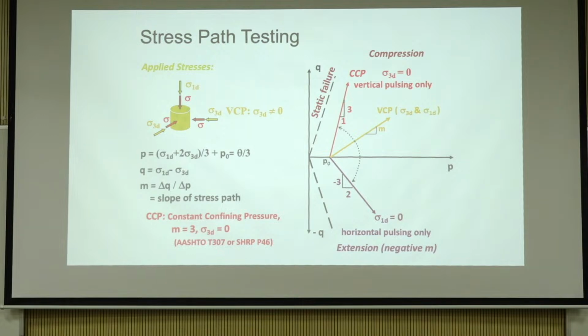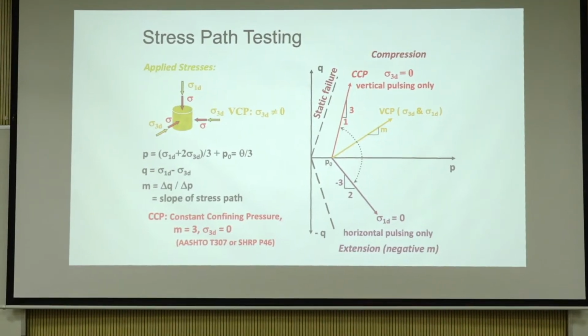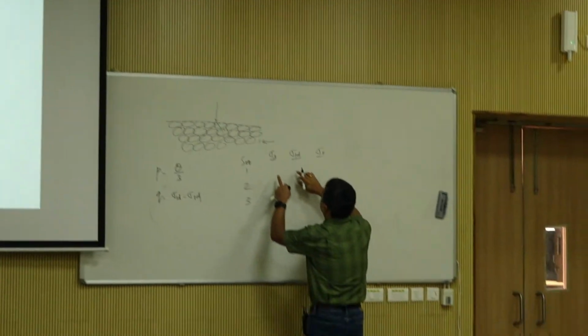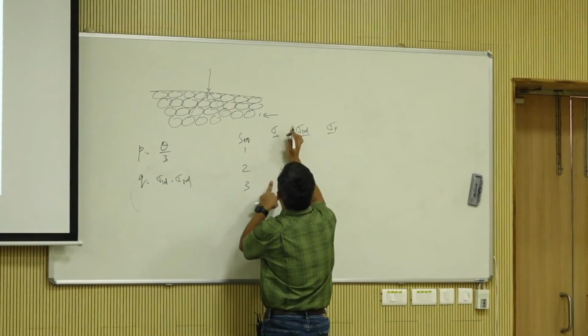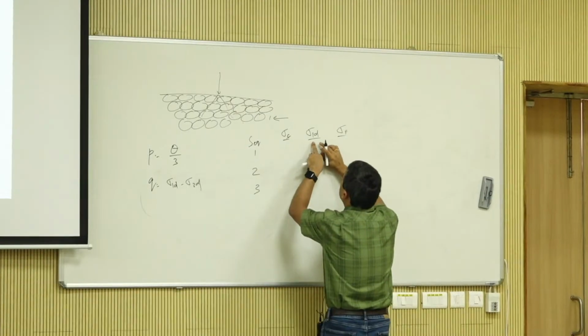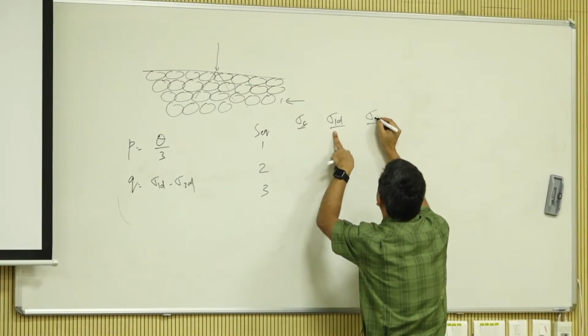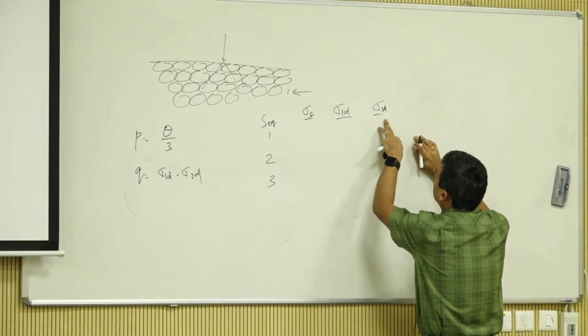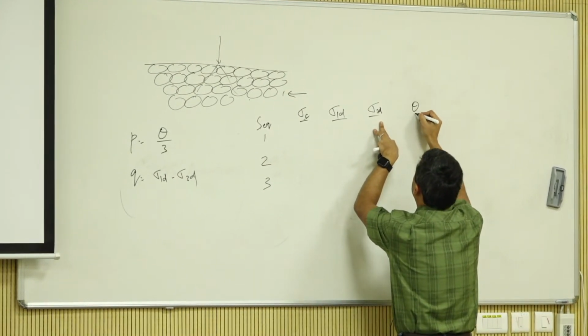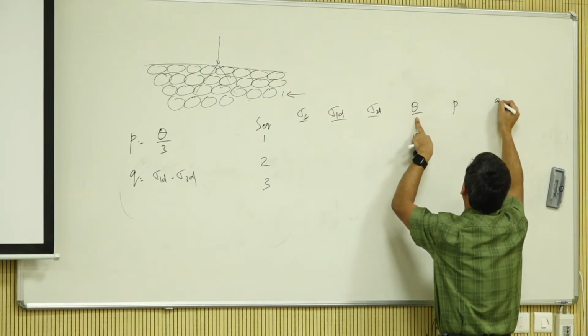Okay, so let's find that out. Let's try to do it. So that's one extreme. Okay, I think what you can do is, I'm going to do this, and we are going to do sigma 1d here, and I'm going to write sigma 3d, and then I'm going to calculate theta, and I'm going to write p, and I'm going to write q.